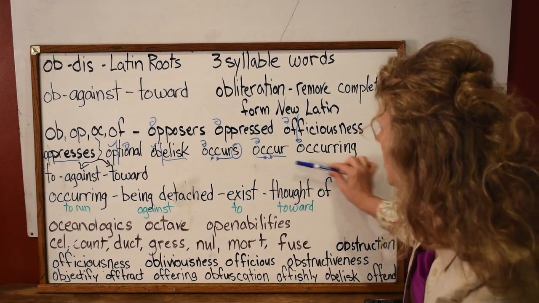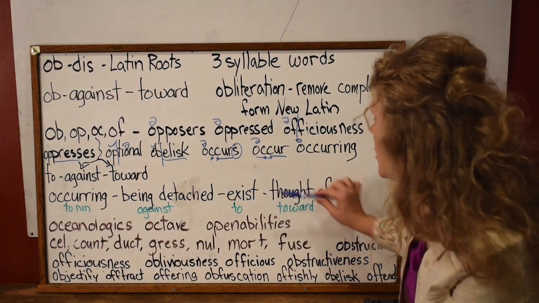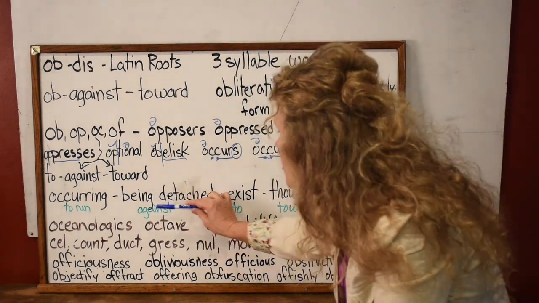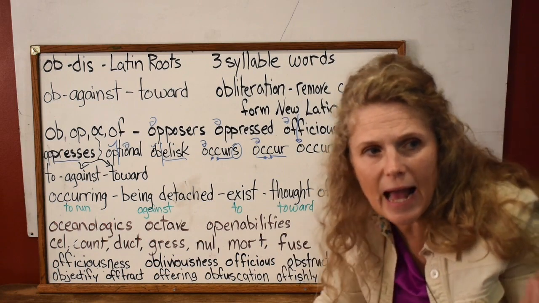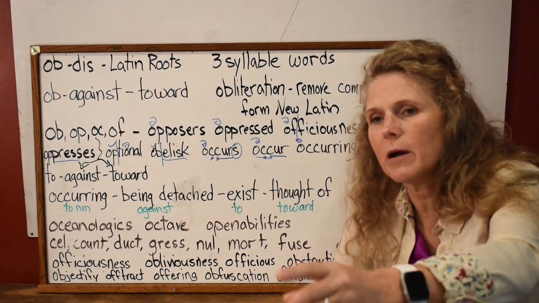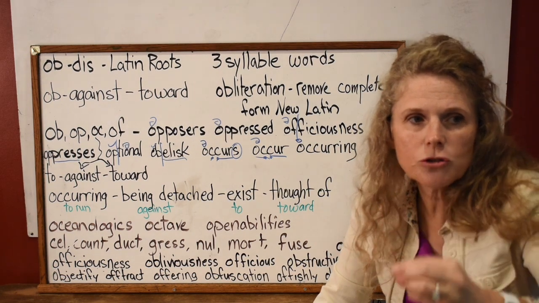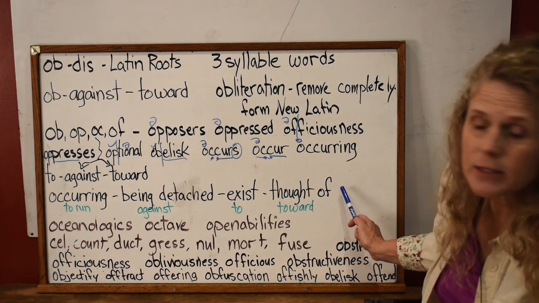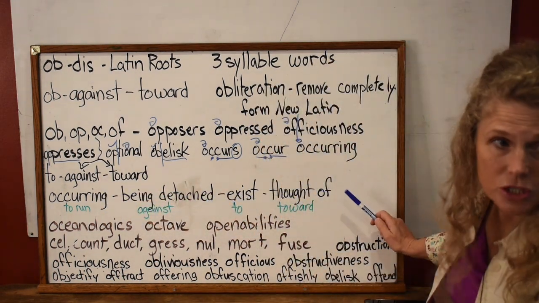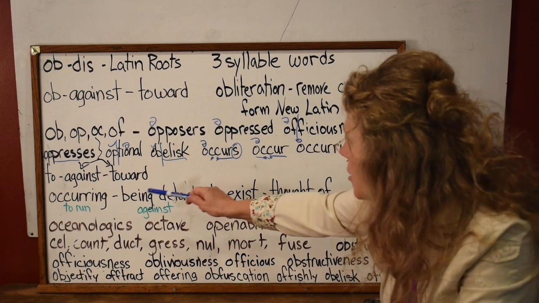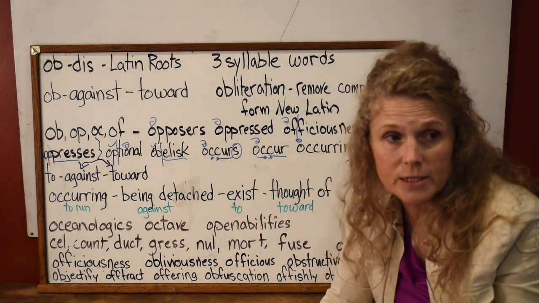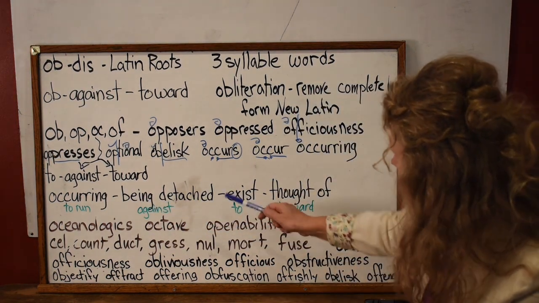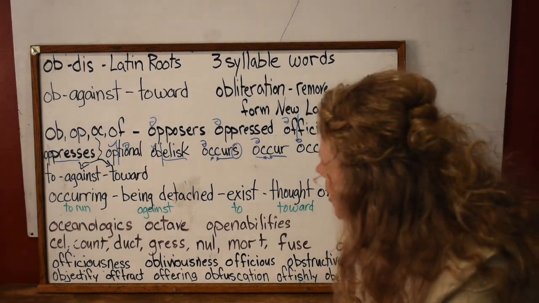If you want it to mean to be thought of, or to exist, or being detached, it could be different things as you look at that certain word. You know how you're looking up at Fix It and it's saying, choose the correct meaning for what fits in the sentence. That's what this is doing, you guys. See how occurring has different definitions. So you need to be really careful on how you're using your word in your sentence. It could mean being detached, exist, thought of; it just can have different meanings.